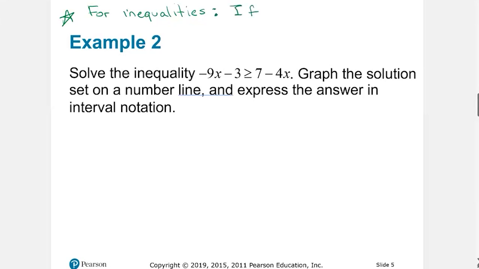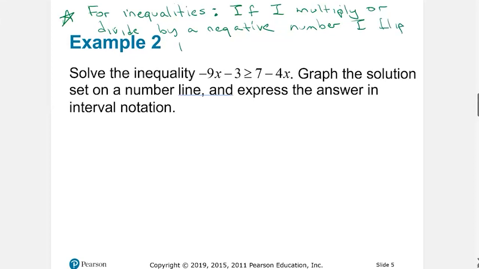If I multiply or divide by a negative number, I flip the inequality sign.